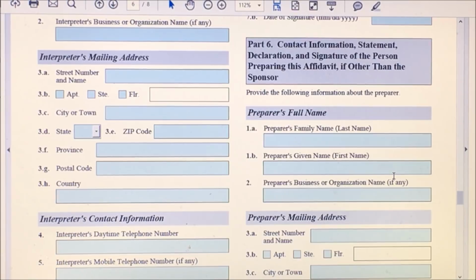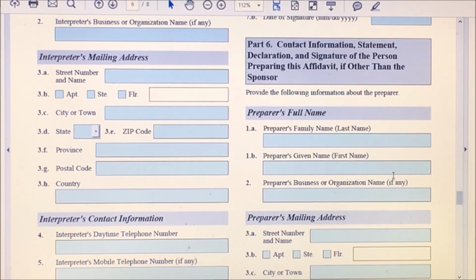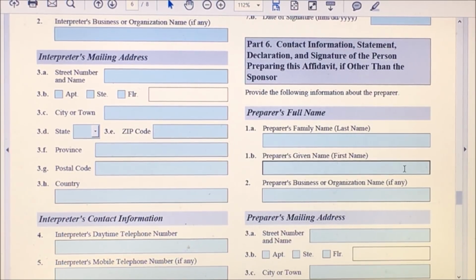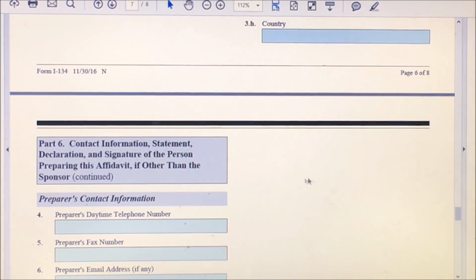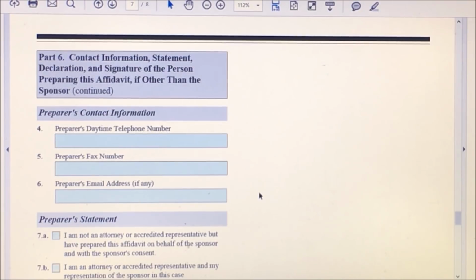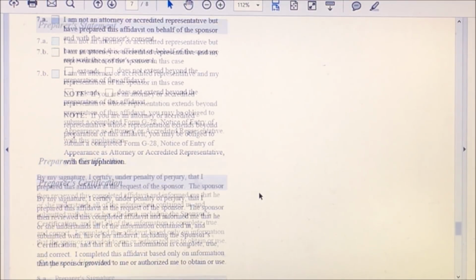In case of an attorney, they would have to additionally provide a completed Form G-28, Notice of Entry of Appearance as Attorney or Accredited Representative with this application. Okay, and then, so part 6 is the continuation.